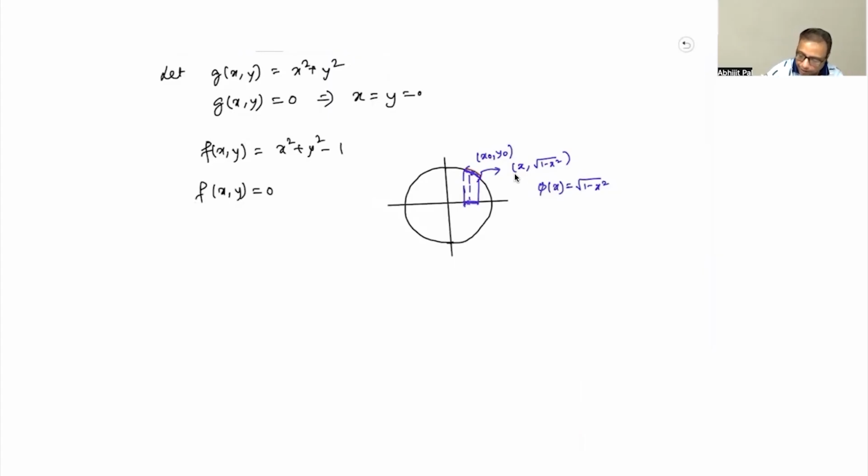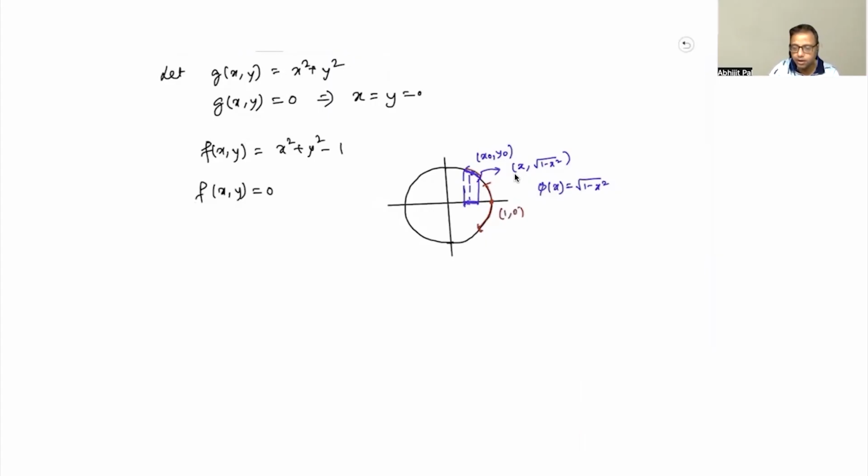Now if I take the point (1, 0) and this arc, you cannot write it as (x, psi(x)).